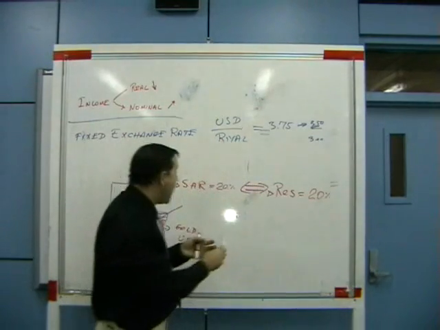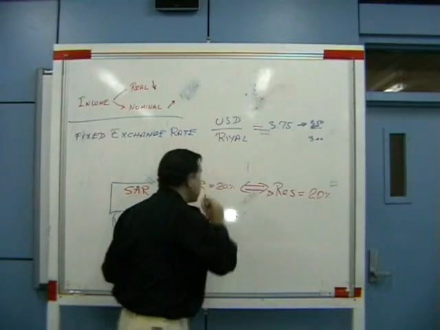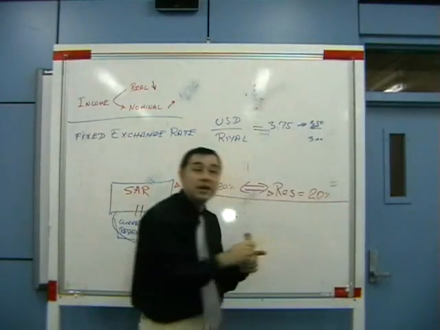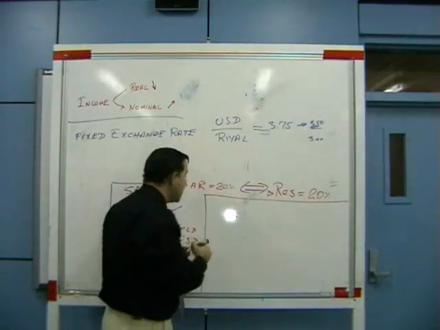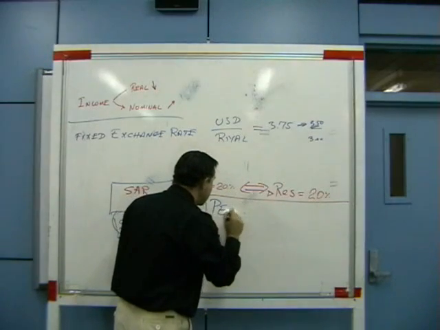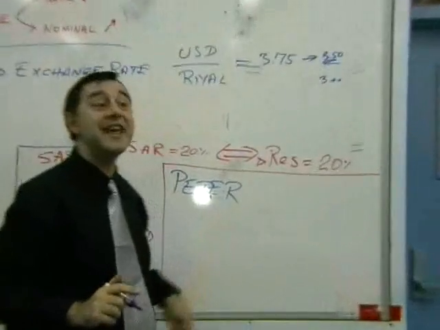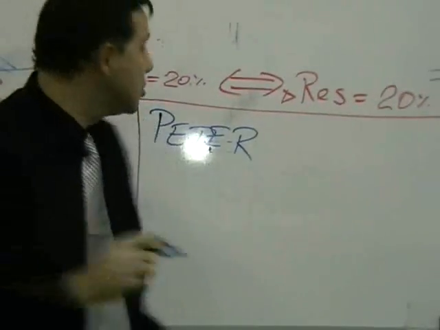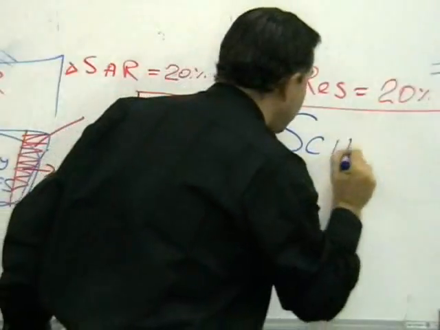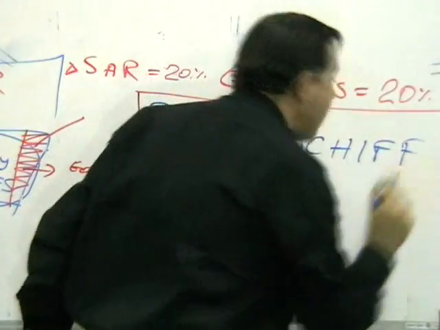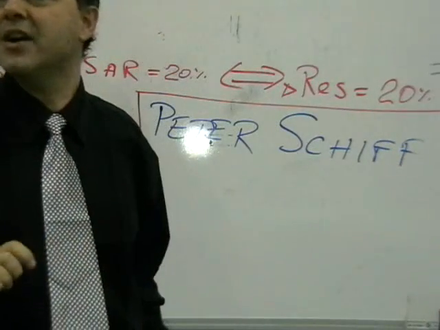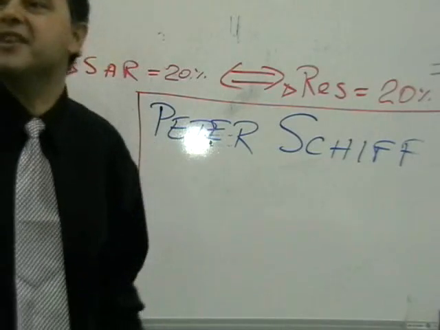Let's do this. You should all, and I'll send you an email, but there are a lot of people maybe watching this video. There is a top guy in the world, one of the best, who has provided the best explanations, who has a radio show, and his name is Peter Schiff. Have I sent you anything for Peter Schiff? He's one of the top guys.